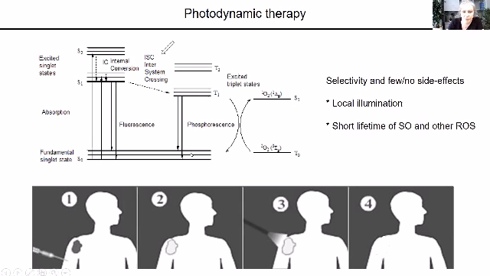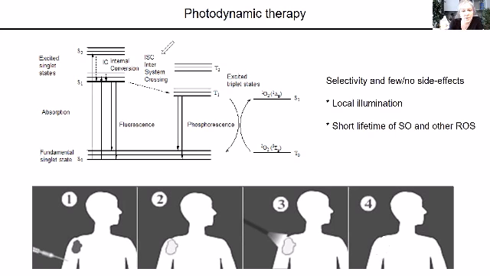It could be the emission of phosphorescence, which is something that we don't want for PDT, or it can exchange energy with the surrounding molecules of oxygen. And with this exchange of energy, the surrounding oxygen molecules go from their triplet state into the singlet state. And this is the singlet oxygen.